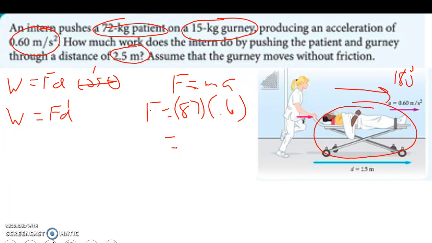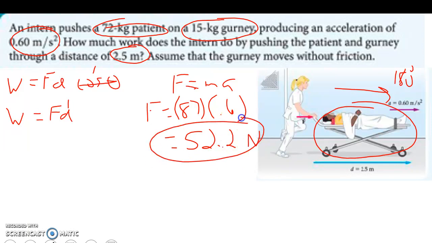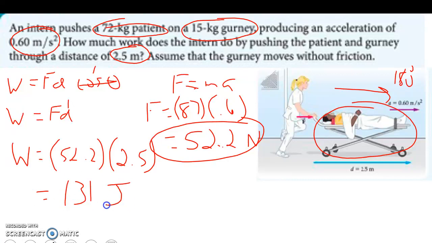If I take 87 times 0.6, I get 52.2 newtons. That is now my force that I can put in here. To find the work done, I take my force of 52.2 newtons and multiply it by the distance of 2.5 meters. The work being done in this case is 131 joules. So we can use Newton's second law to find force that we can then use to find work.